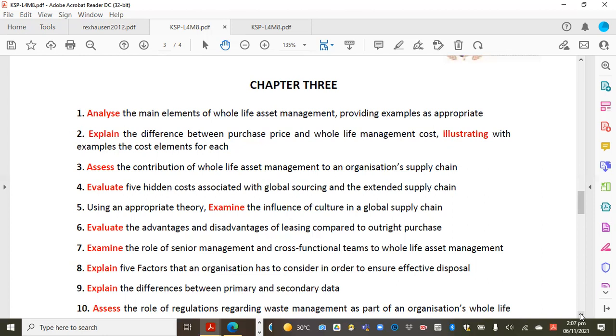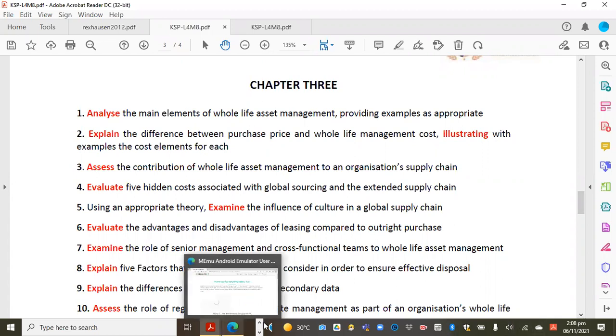Now, question 2. Explain the difference between purchase price and whole life management cost, illustrating with examples and cost elements. So what's the difference between purchase price and whole life management cost? See, we can use the price iceberg.